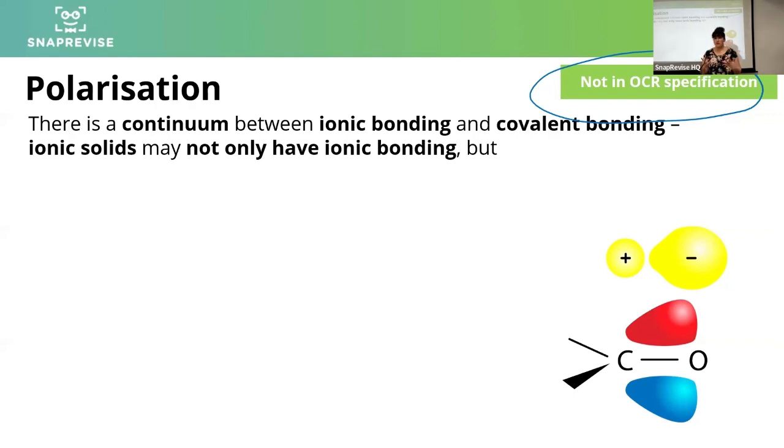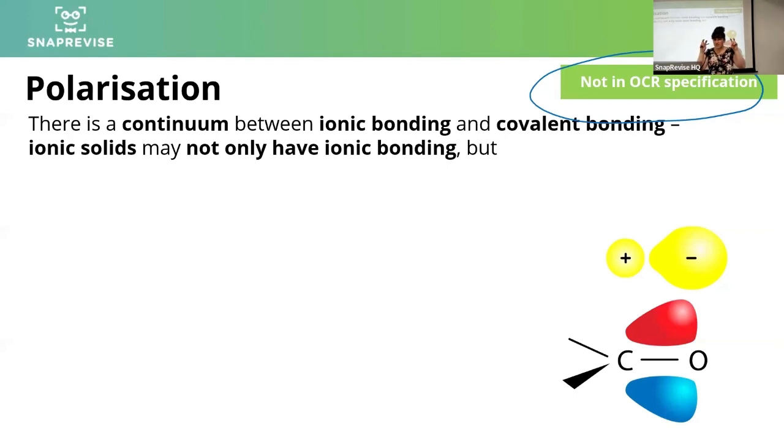One of the models that we have created is ionic bonding versus covalent bonding. Now, these are correct in that they are a really good way to explain what happens between metals and non-metals, or non-metals and non-metals. But they're not perfect. And actually, what happens with a lot of our substances is that there's a mixture. There's a combination of ionic and covalent bonding happening at the same time.